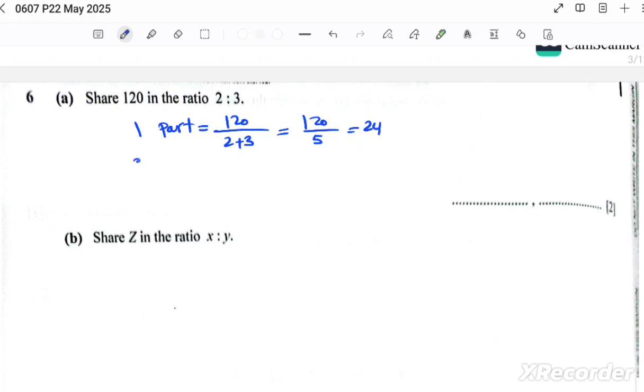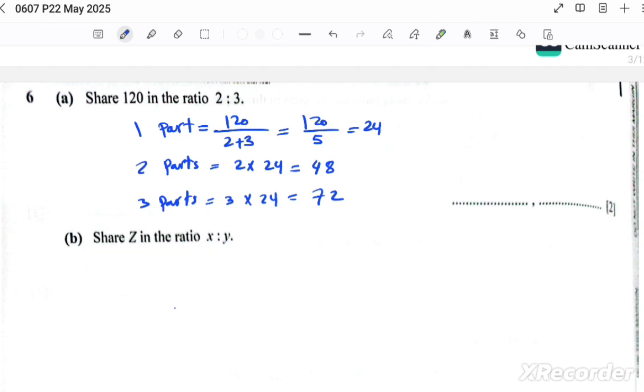Now, how about 2 parts and 3 parts? So 2 parts means 2 times 24, then 3 parts, 3 times 24. So this one will be 48 and this one will be 72.